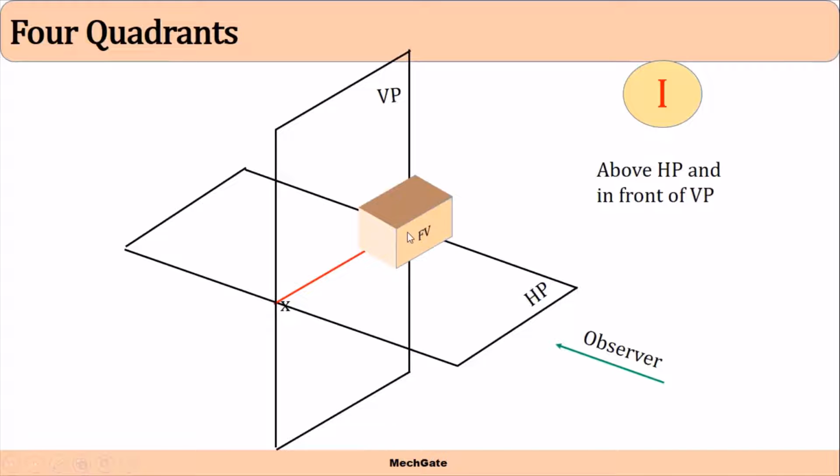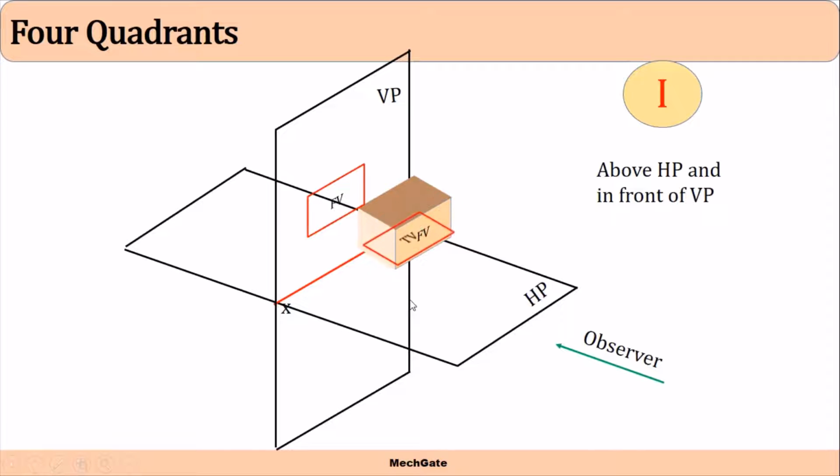The face marked FV would be visible in the front view and it is projected on the vertical plane. For the top view, the observer has to view from the top side. So this is the top view of the object, and it will be projected on the horizontal plane.